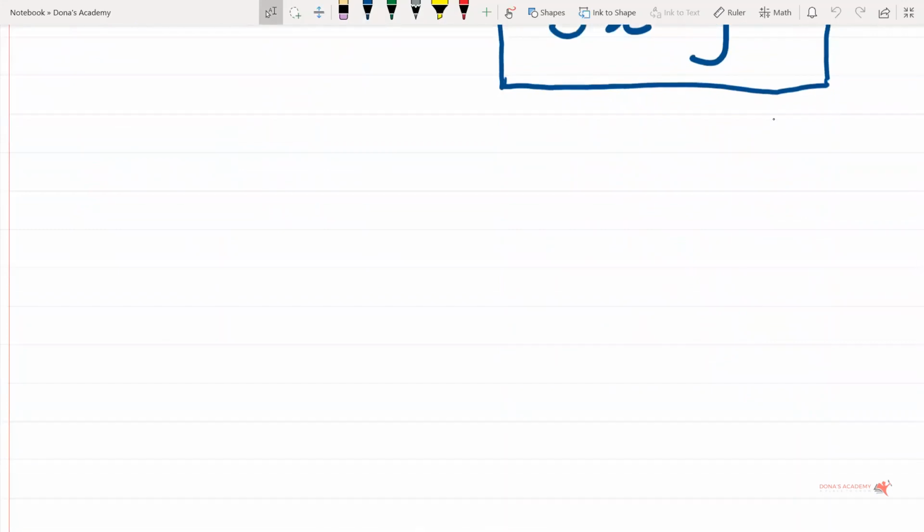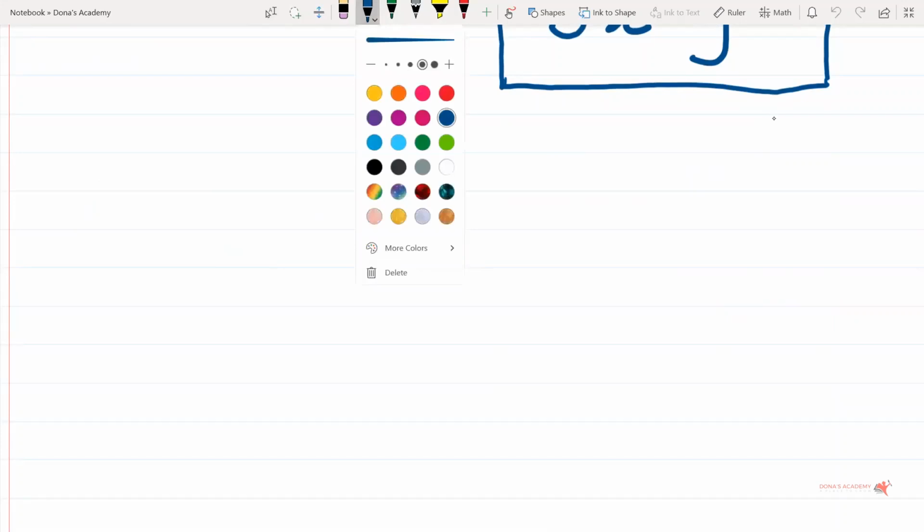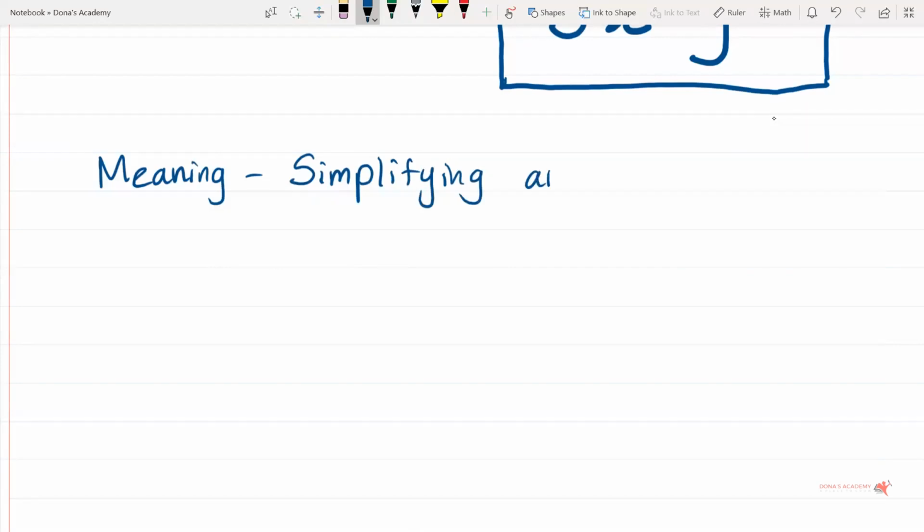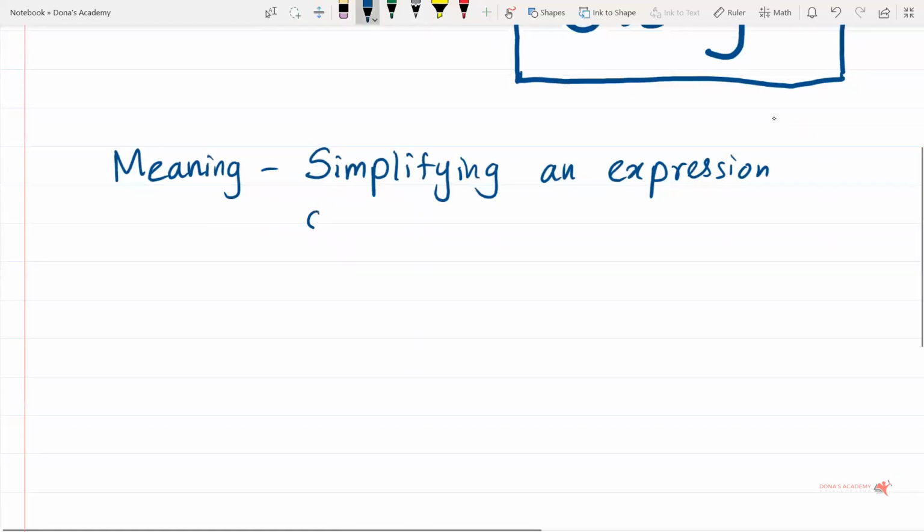So, I'm going to talk about the meaning of simplifying an expression containing exponents.